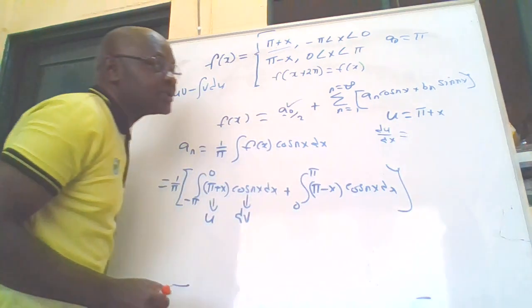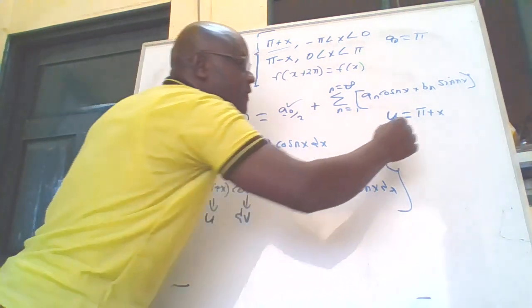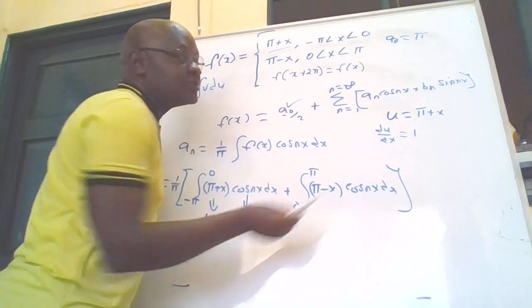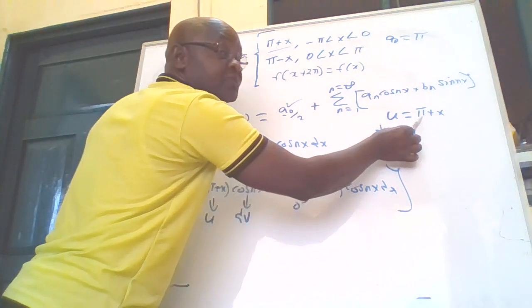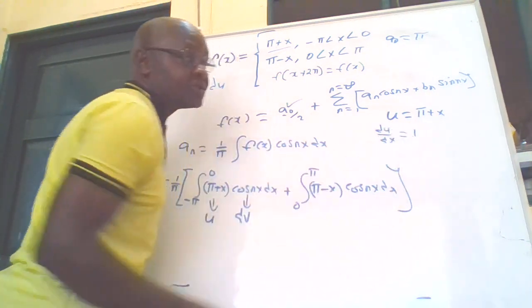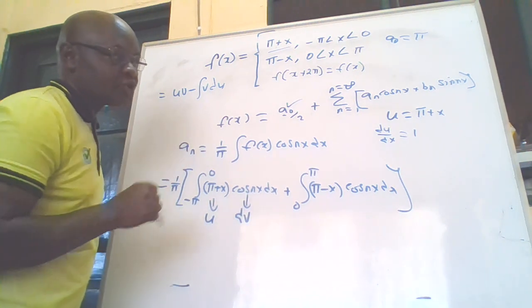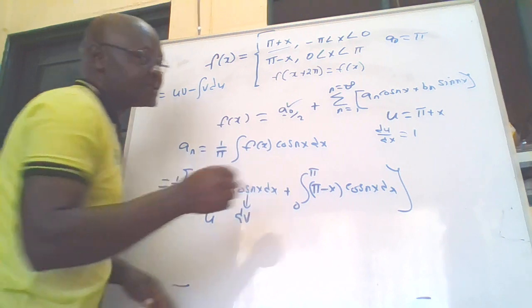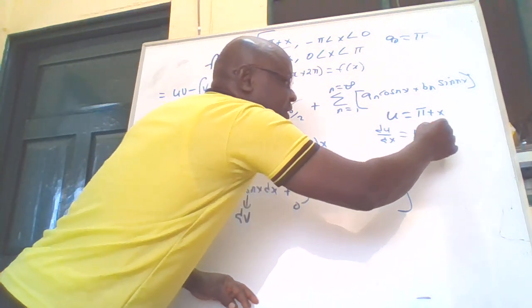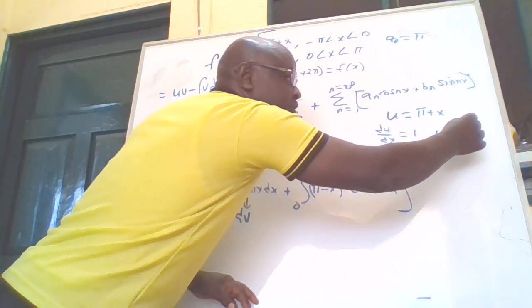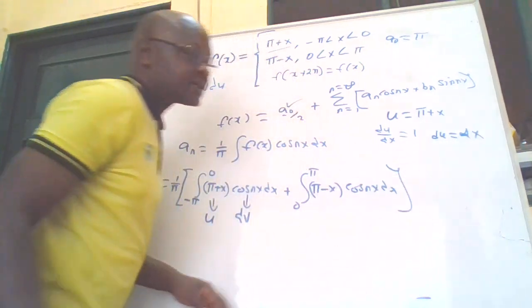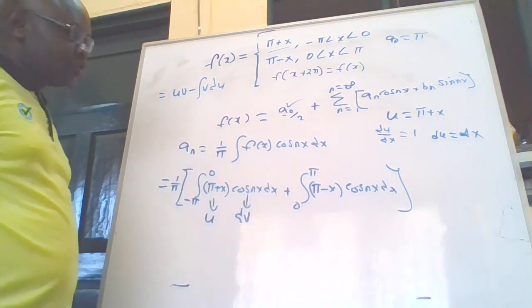When you differentiate pi with respect to x, you get 0. When you differentiate x with respect to x, you get 1. So du dx equals 1. So if that is the case, therefore du equals dx.